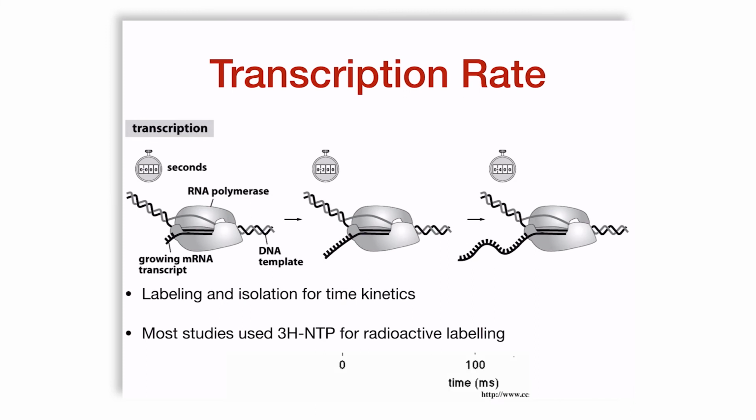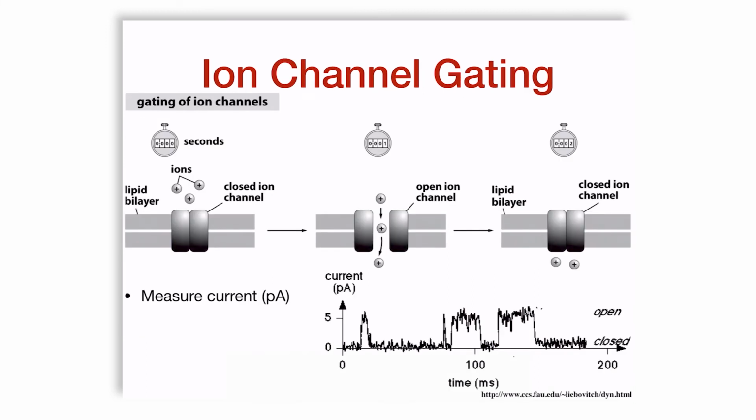But for second and sub-second processes, things get a bit complicated. Ion channel gating, for example, is in milliseconds. So in order to do that, you need faster measurements. In the case of ion channel gating, the patch clamp method was invented to try to catch the opening and closing of ion channels. This is a very powerful method, again, awarded Nobel Prizes for its invention.